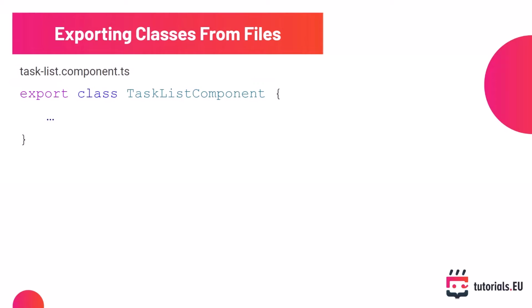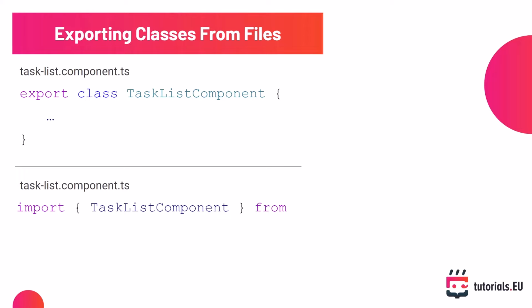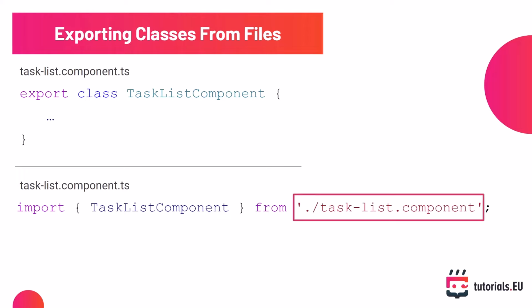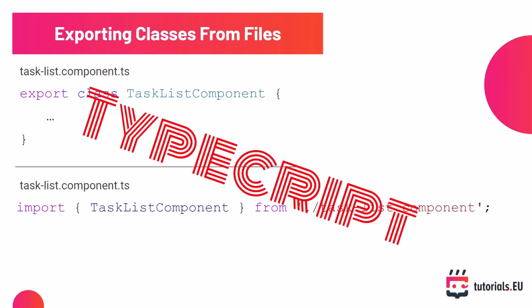Now to make a class importable to other files, we should export it. And once we export the class, other files can import that class by using its relative address, just like you can see it right here. But that's just about TypeScript, right? And Angular has its own system for importing and exporting components from modules.